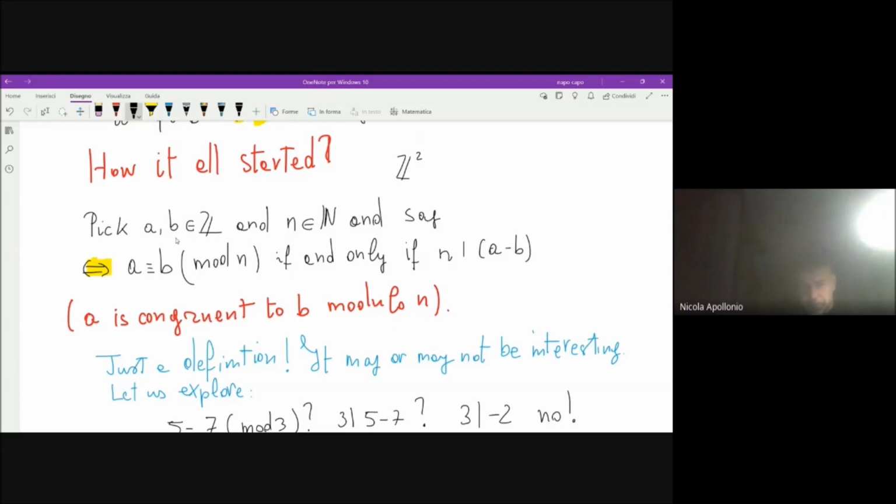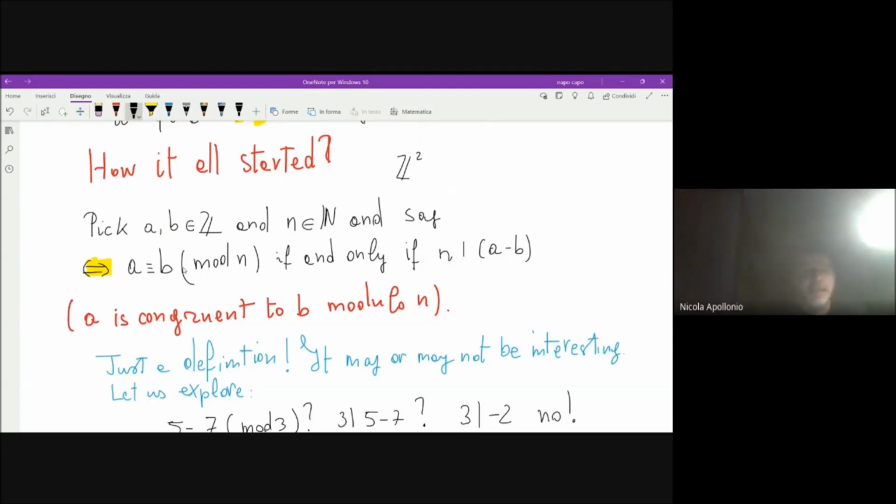And we are talking about pairs of integers. So we are going to define a relation which turns out to be an equivalence relation, an important equivalence relation.